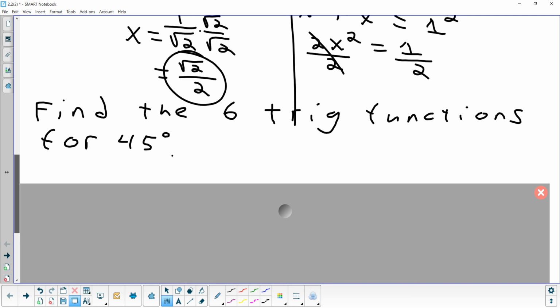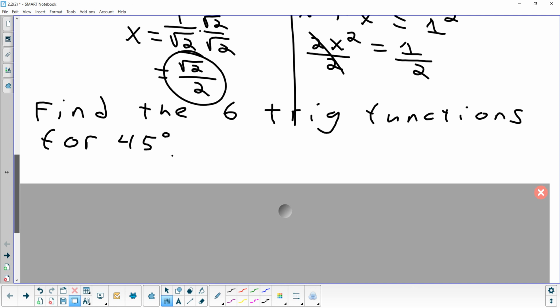And that doesn't just apply to this angle, it applies to any unit circle trig problem you have to do. You always have to know what first. The 6 different formulas.